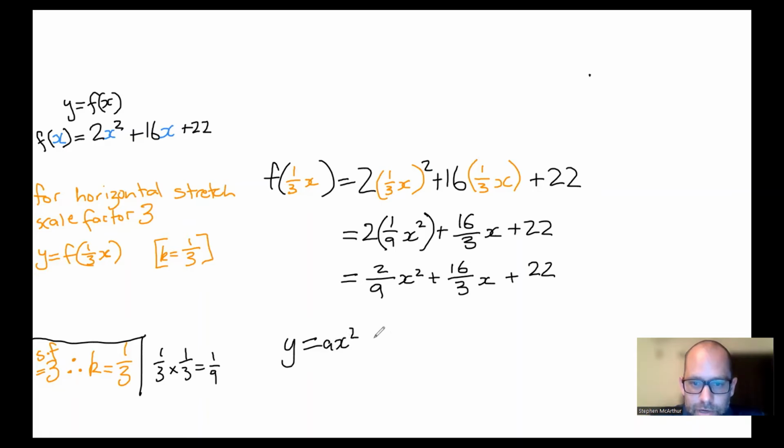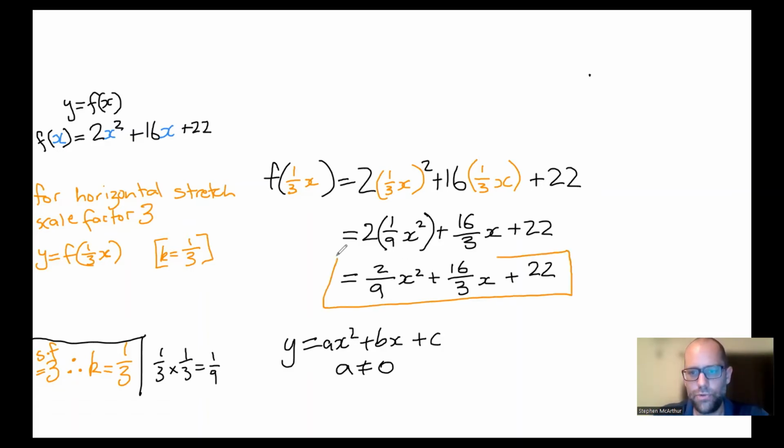I've got a number in front of the x squared, a number in front of the x, and a number at the end, and as always, this is a quadratic because a is some value. So if we've got this correct, 2/9 x squared plus 16/3 x plus 22 should be 3 times further away.